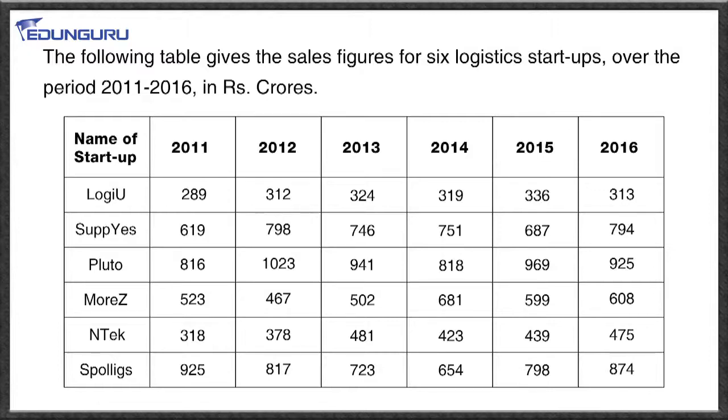All these measurements are in rupees crores. For example, for LRDI, 289 for 2011 means that LRDI's sales in 2011 was 289 crores. Similarly, for Pluto in 2014, the total sales was 818 crores.